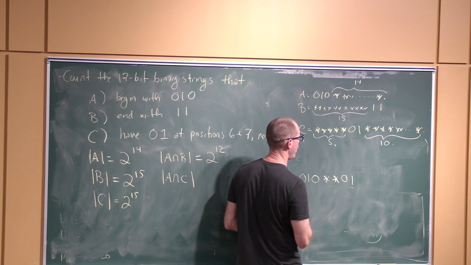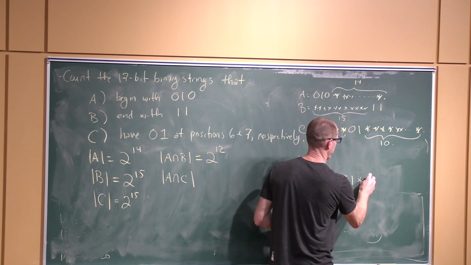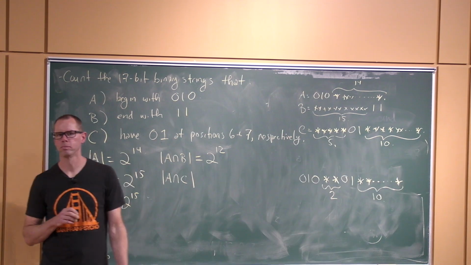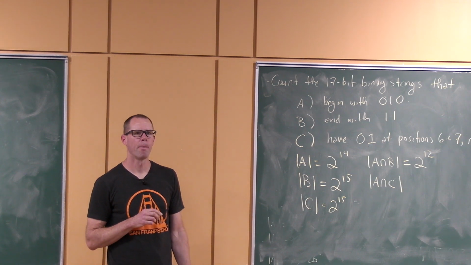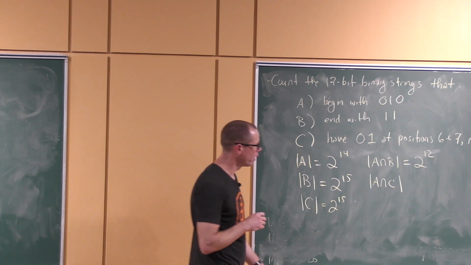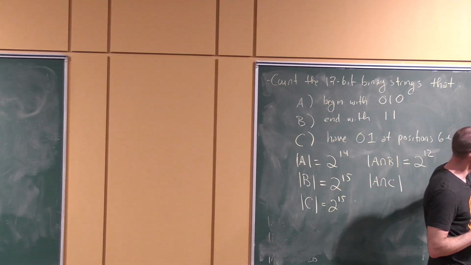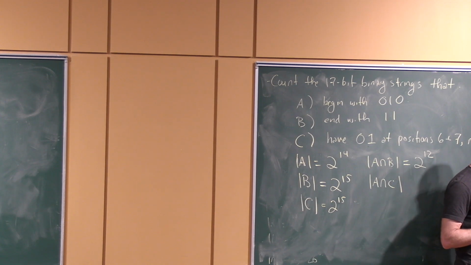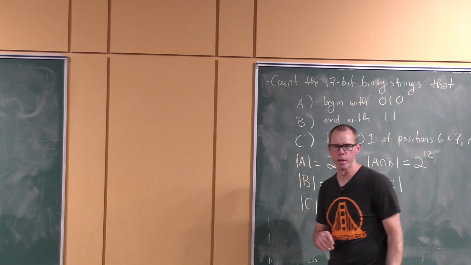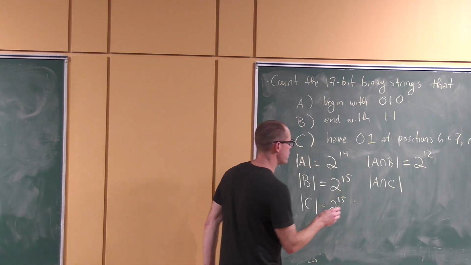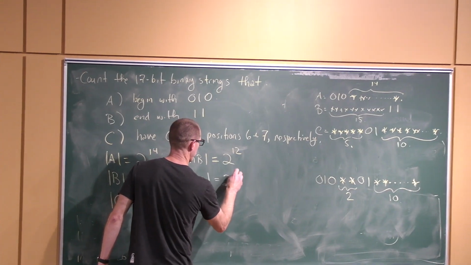Then I see a 0, 1, and then I see 10. Yep, 2 to the 12, right? 2 choices for this, 2 choices for this, 2 choices for this, and so on. The other 5 positions we don't have a choice. Okay? So that's 2 to the 12.